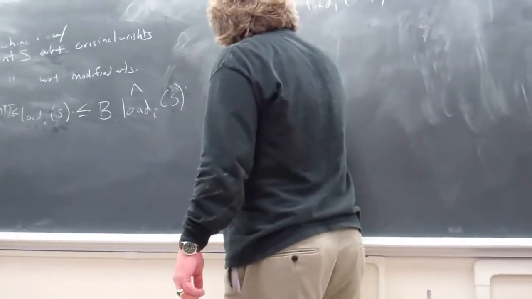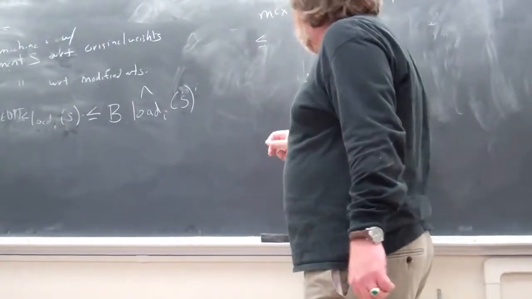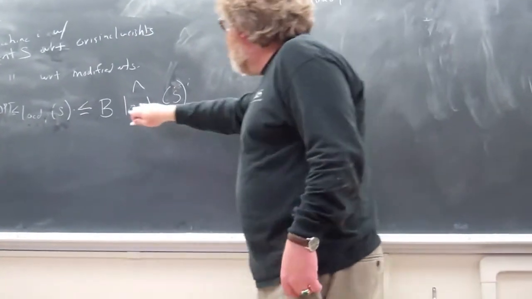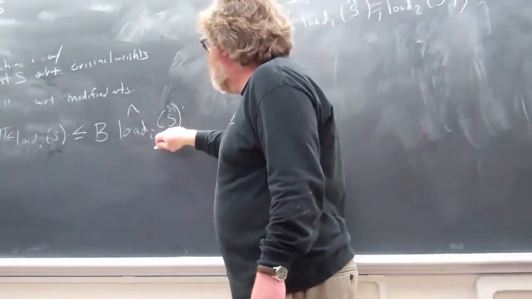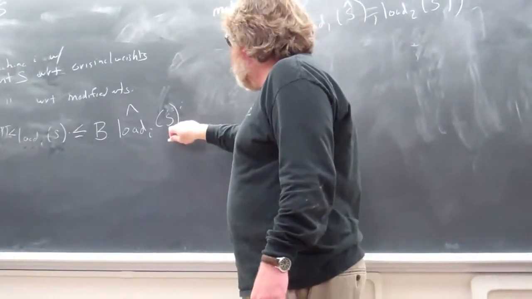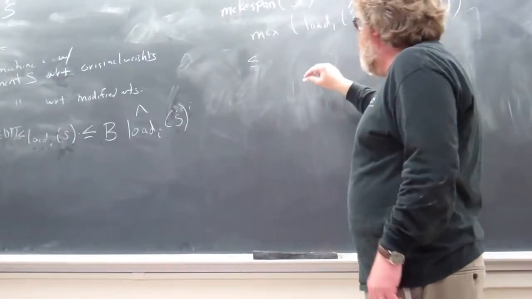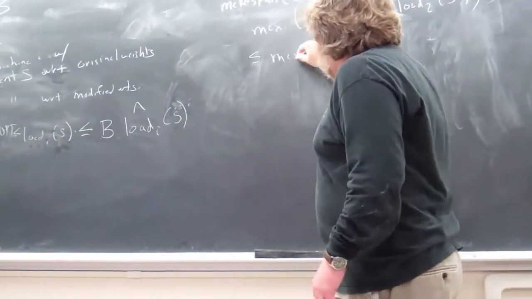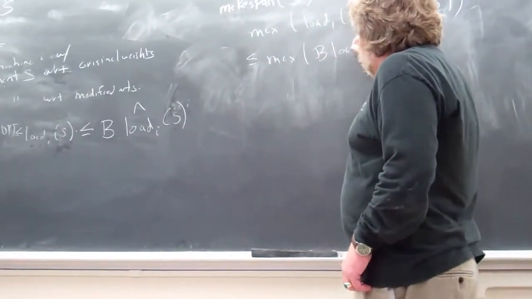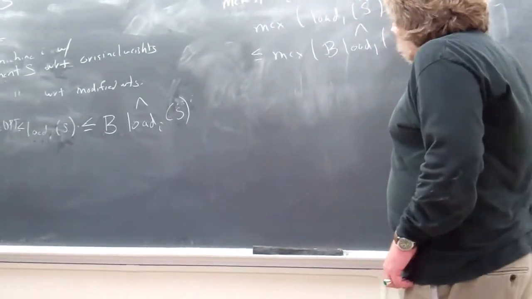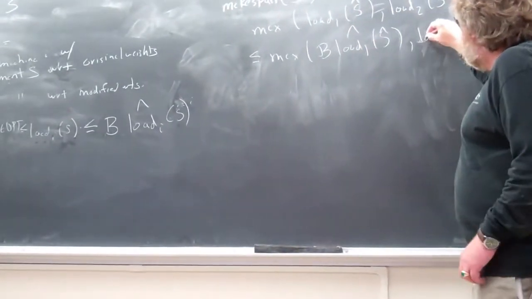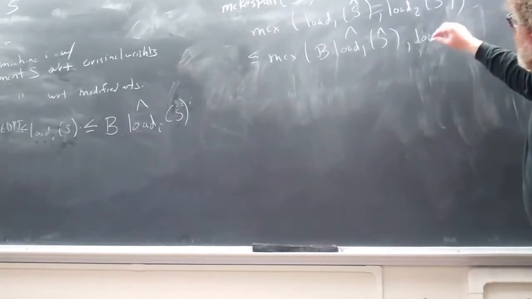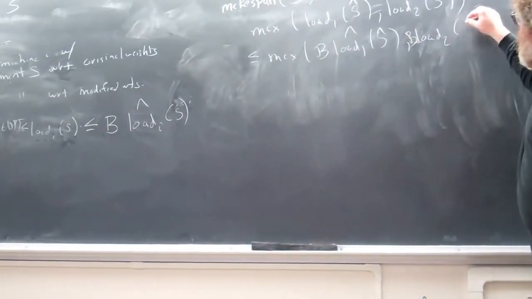And we said that that's at most b times the modified loads of our solution. So the max of b times load 1 of S bar, b times load 2 of S bar.